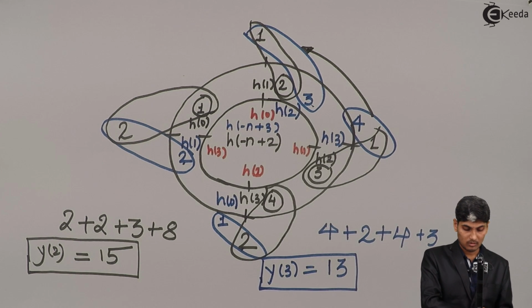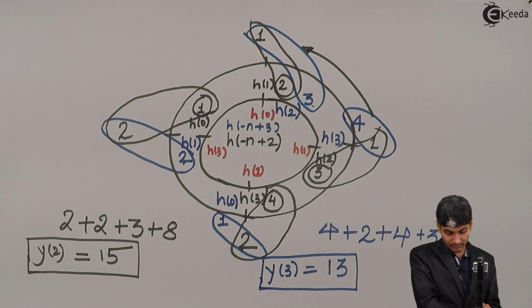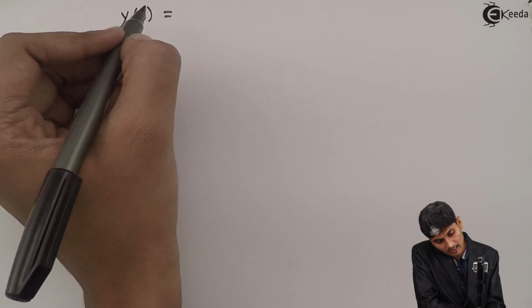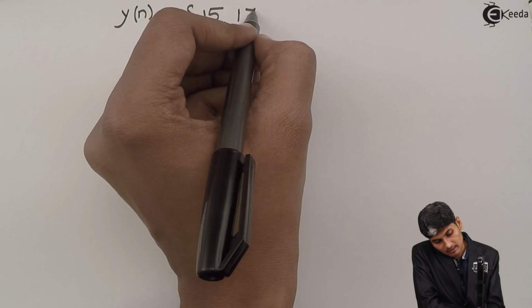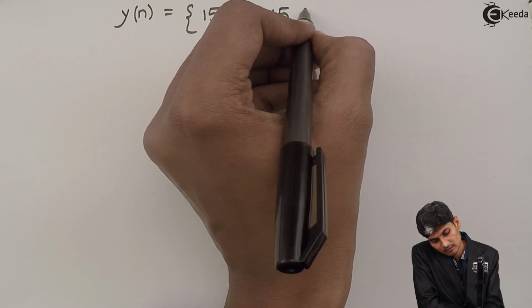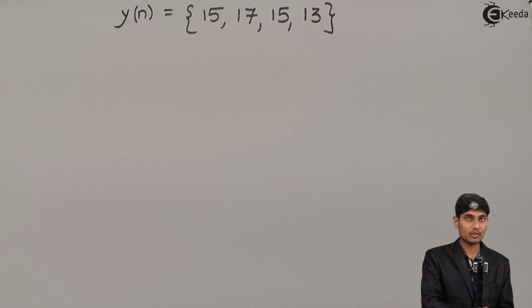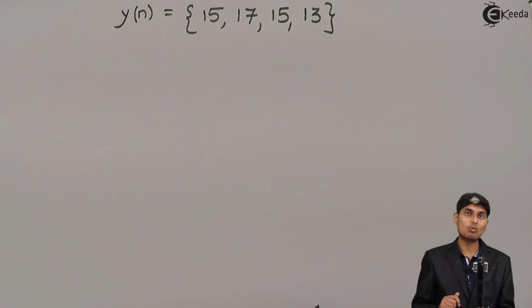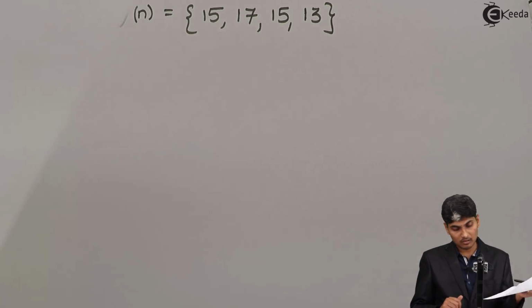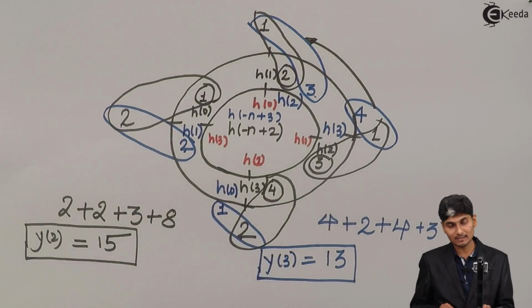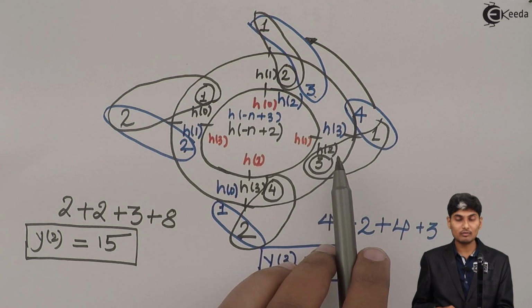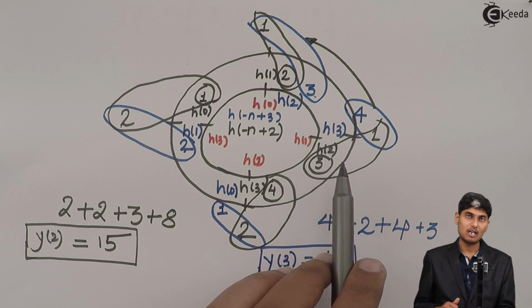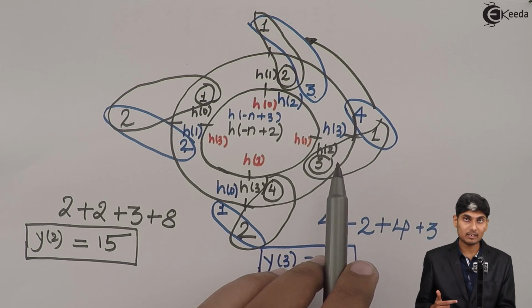So now we have found all the 4 samples. Okay, so we got our y of n as 15, 17, 15, 13. We need to stop here because if I rotate the sequence once more, h of 0 will come at its original position and the sequences will start repeating itself.